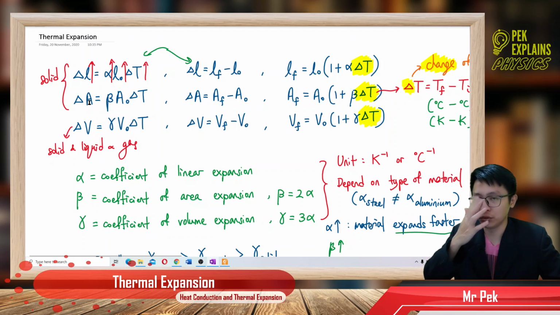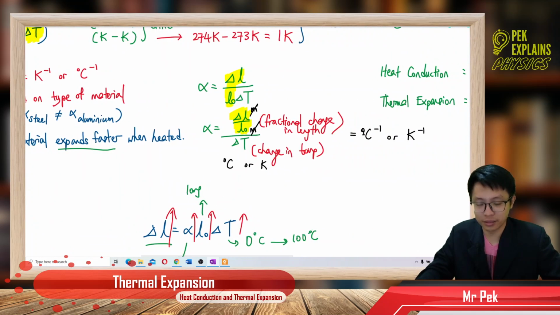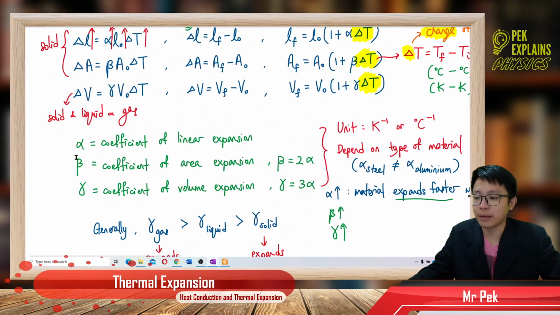That also has no unit, so finally you end up with only change in temperature. So you get the same unit, per degree Celsius or per Kelvin. For alpha, beta, gamma, these three have the same unit. Understand?